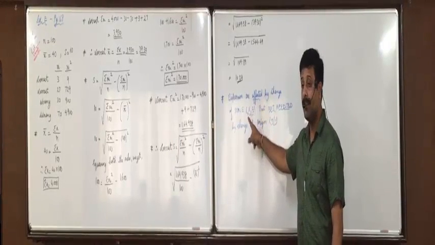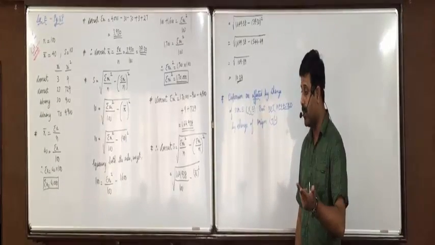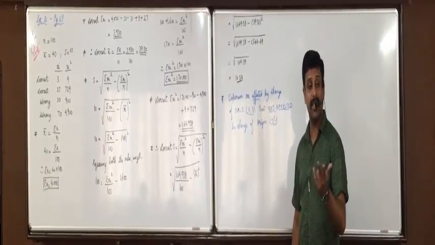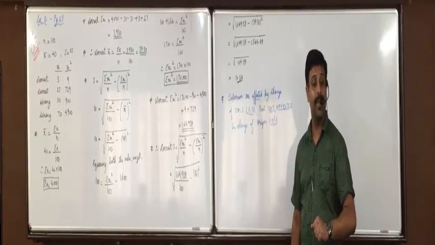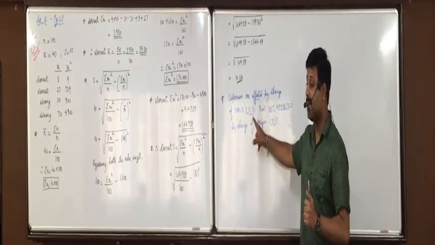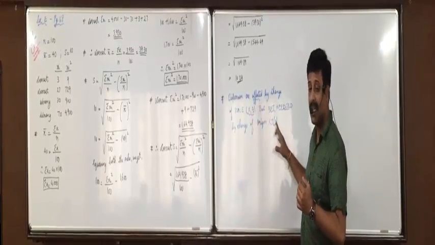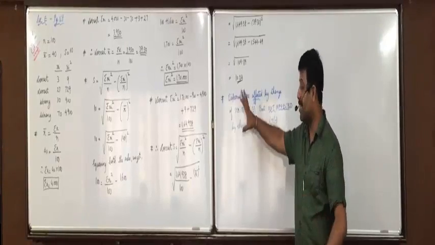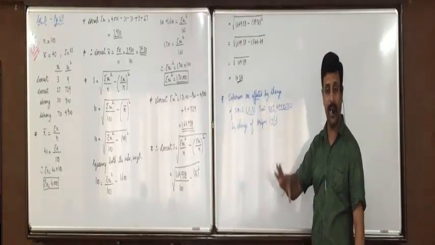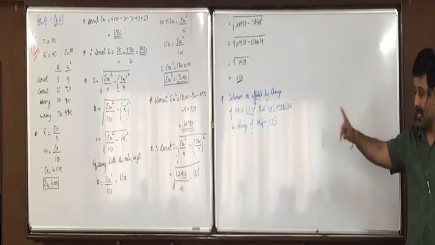But it is affected by multiplication and division. If all observations are multiplied by 2, then standard deviation will become 6 into 2. If all observations are divided by 3, then standard deviation becomes 6 divided by 3, 2. Multiplication and division will affect, but plus minus will not. This holds for all the measures of dispersion, not only standard deviation but also range, quartile deviation, and mean deviation. So in the summary, write down this important note.